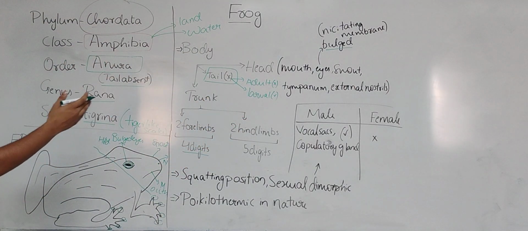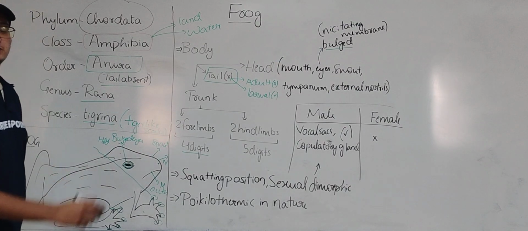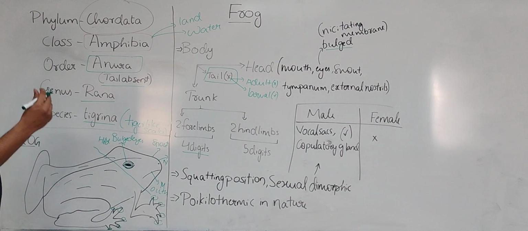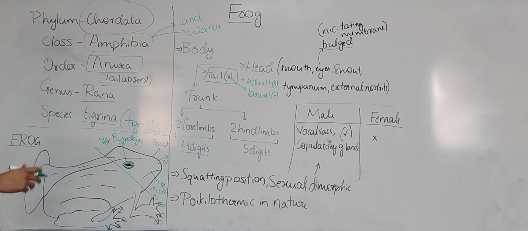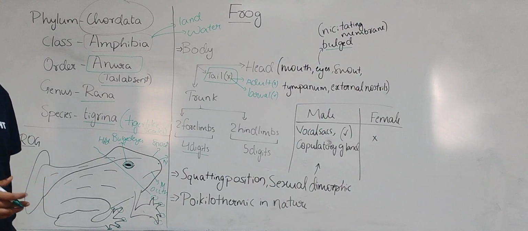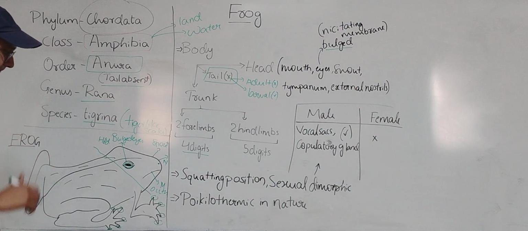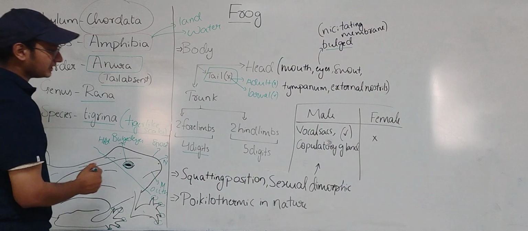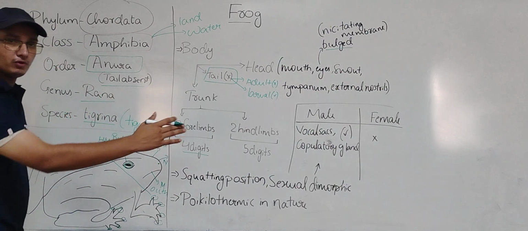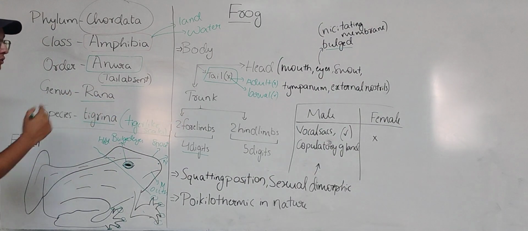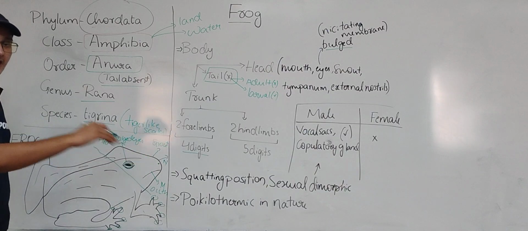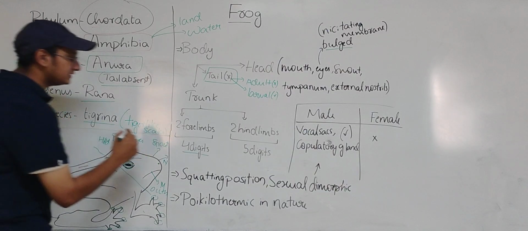The head has mouth, eyes, snout, tympanum, and external nostrils. So the eyes have a membrane called nictitating membrane, which is helpful for them while they are in the water. And the trunk is divided into two forelimbs and two hind limbs. The two forelimbs which are present in the starting part of the region have 4 digits in them.